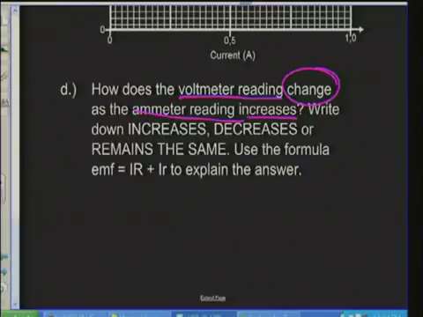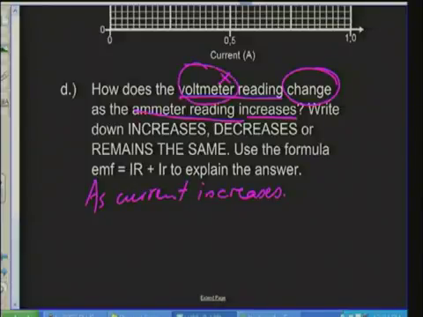So we're looking at how the voltmeter reading changes as the ammeter reading increases, in other words, as the current increases. All we need to say here is, does the reading on the voltmeter increase, decrease or remain the same?